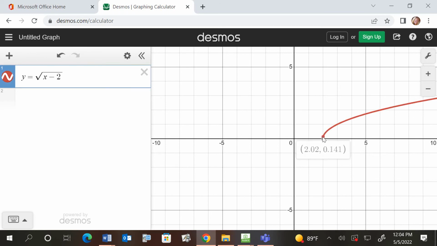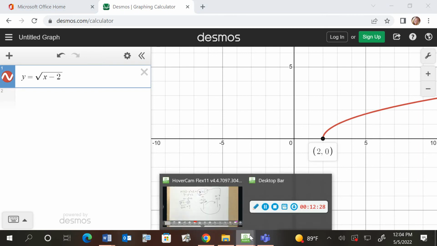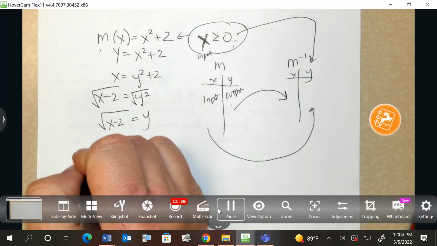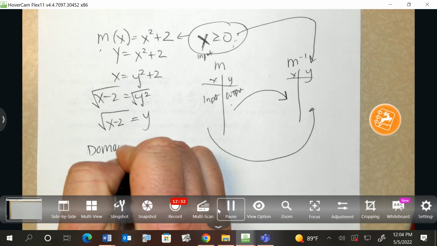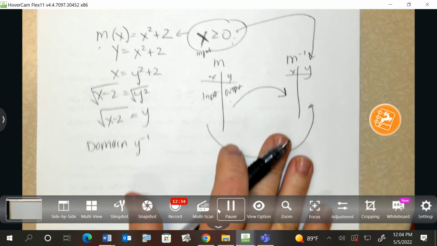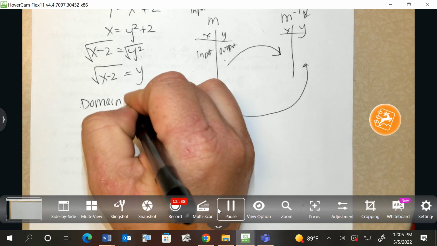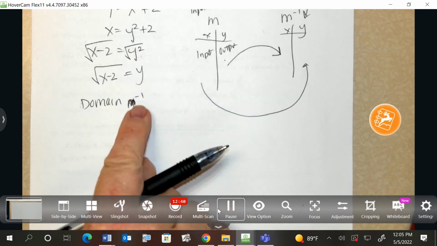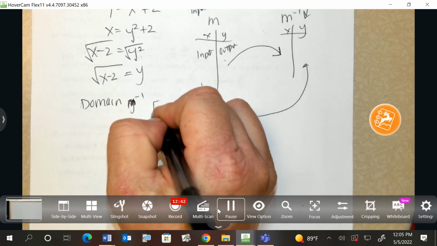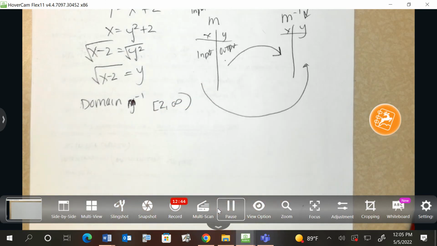It starts at 2, and it moves to the right. So how can I write that? It includes 2. So the domain of the inverse, and I should put m, that's the original function, for this particular problem would be 2, and then we move to the right.